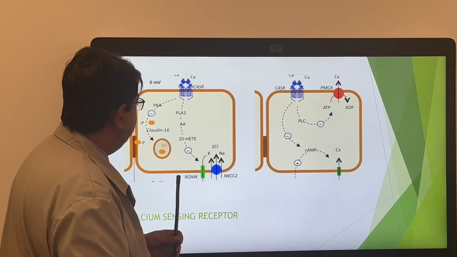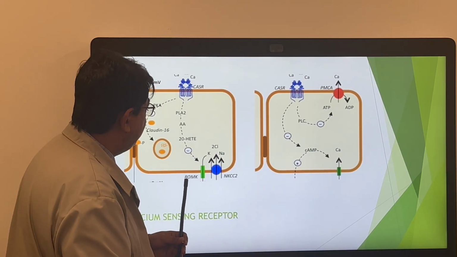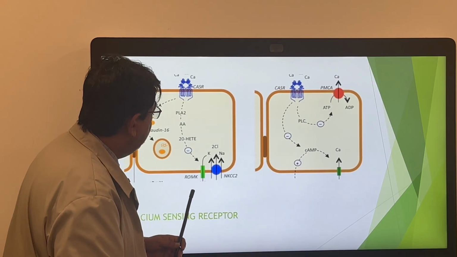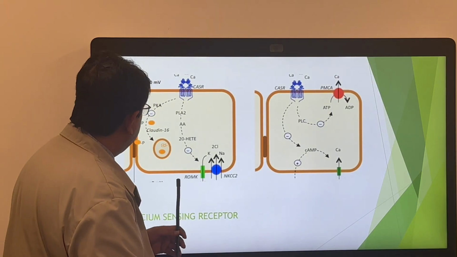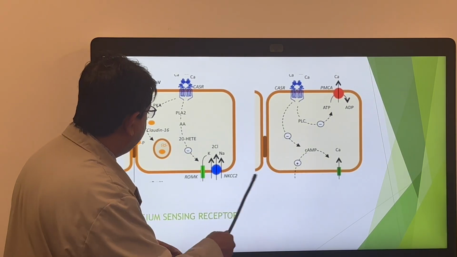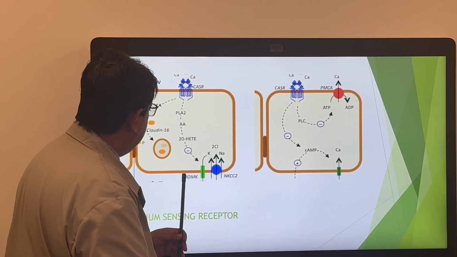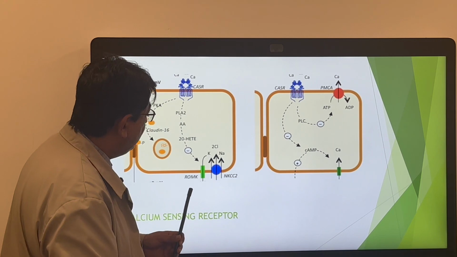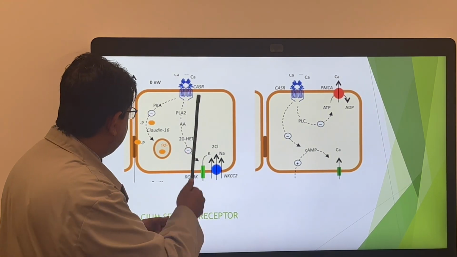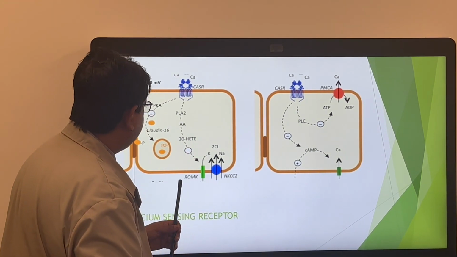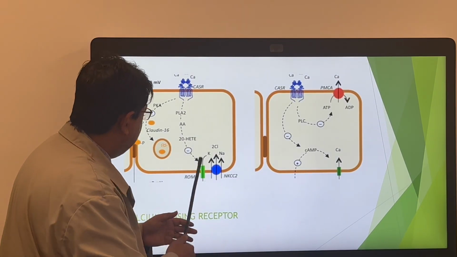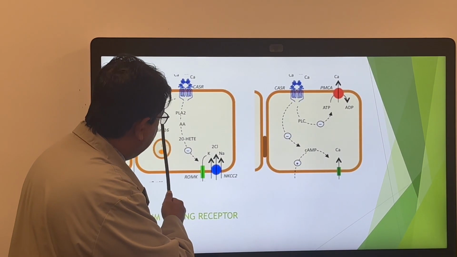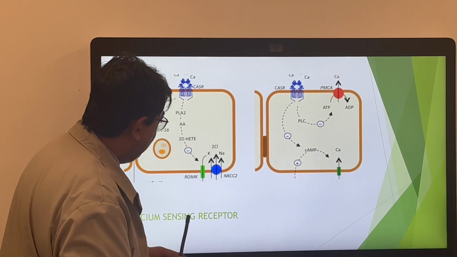Understanding calcium and the calcium sensing receptor requires understanding of the channels that are involved. These are the tubular cells. And it shows the NKCC2, the sodium potassium 2-chloride cotransporter, and the calcium sensing receptor. So the calcium is sensed by the calcium sensing receptor, and the result is that potassium excretion is blocked.